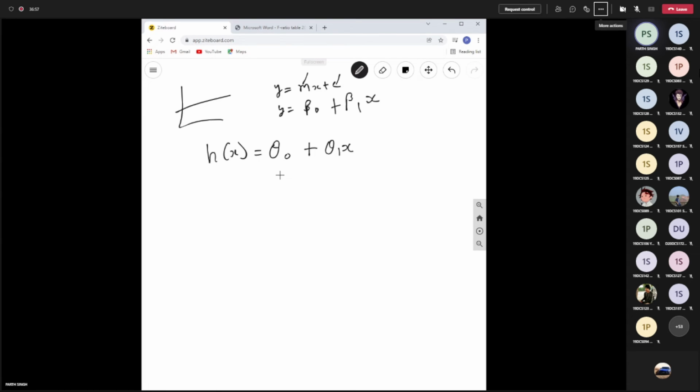We can write it in these terms as well. This is nothing but y. Y is a function of x, and x is our independent variable, the one we work on. And here this linear regression is univariate, that is, linear regression with one variable. I'm just revising this so that I can move ahead.